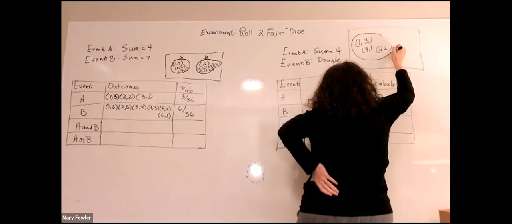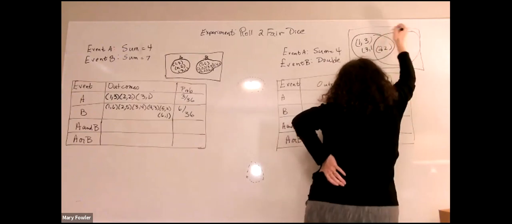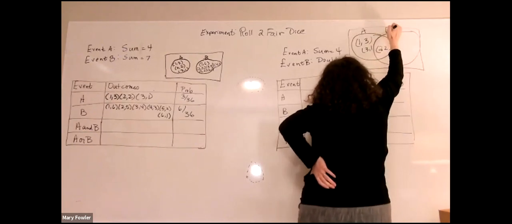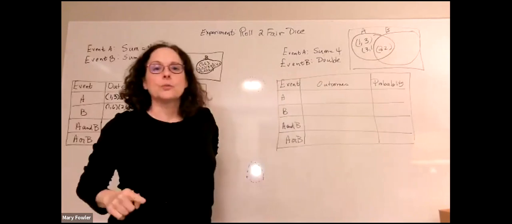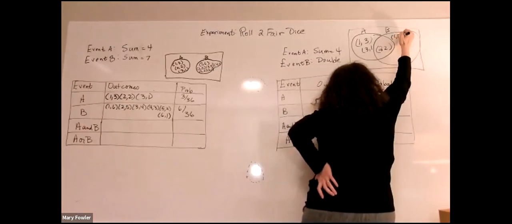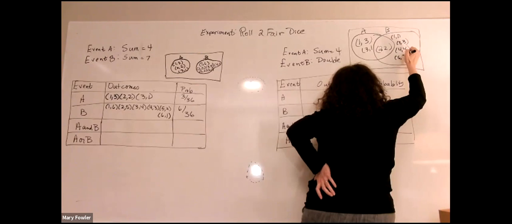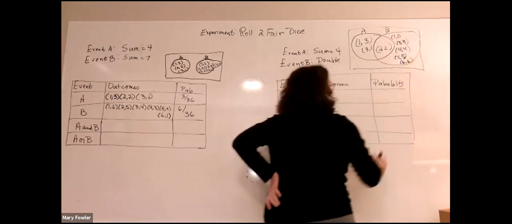So this is event A. And then event B, we'll draw it here, and I'm going to list all the other ways to get a double in this other lobe: 1 and a 1, a 3 and a 3. Okay.